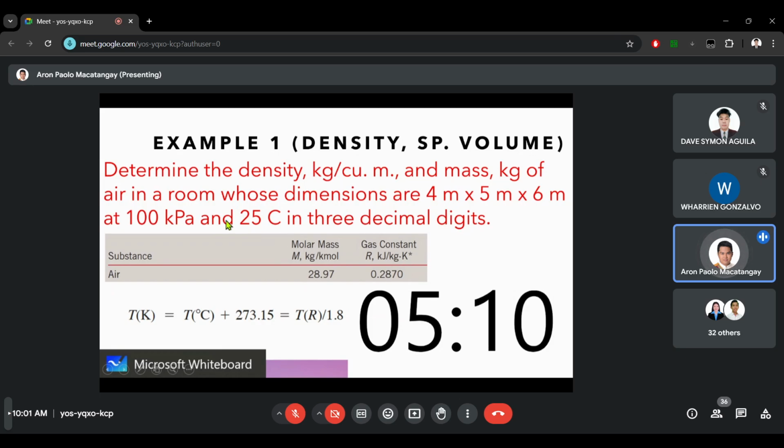So you have to convert the temperature to Kelvin also. Temperature in Kelvin is your degrees Celsius plus 273.15. Okay, I hope you will be able to solve this. Please try to solve on your own. But once you have your groupings, we will be solving this as a class with the group representative as the one to help me solve.